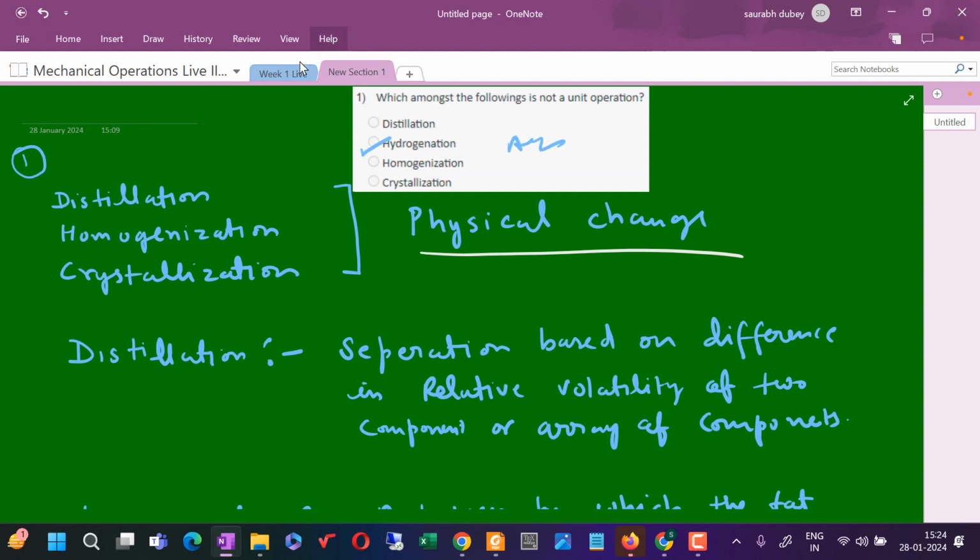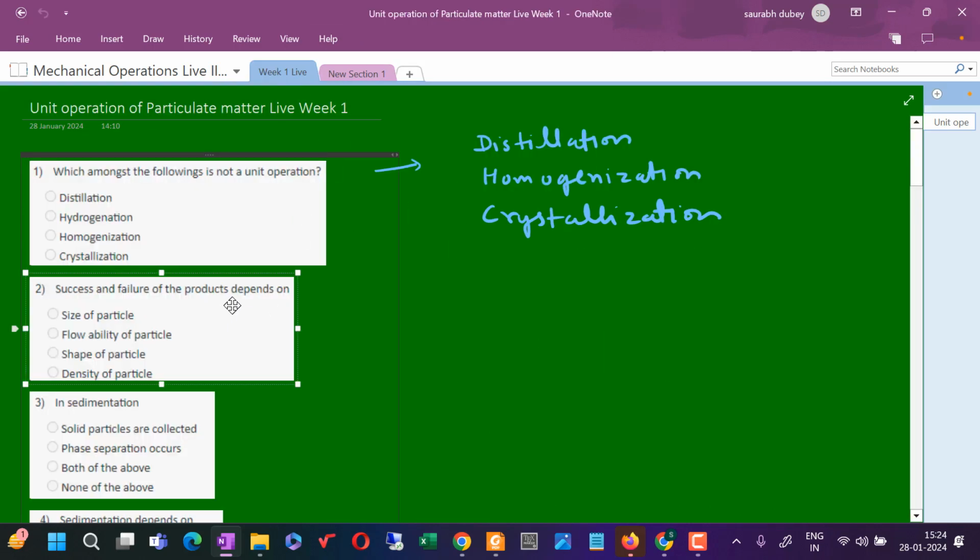Okay, now moving to the next problem. Success and the failure of a product depends upon flowability of the particle, shape of particle, density of particle, and size of the particle. If you see in the lecture, the importance of size has been discussed, and the example of the chocolate has been taken by the instructor.